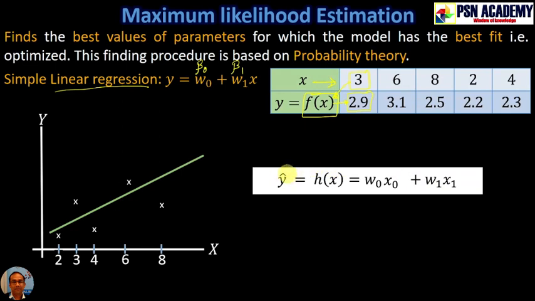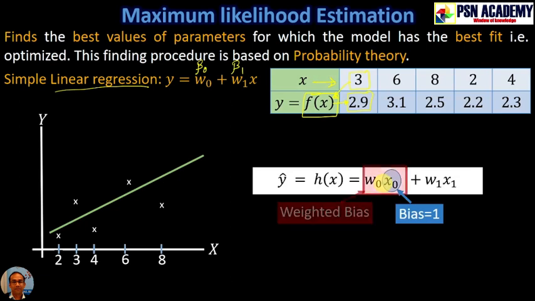Now this y hat is our estimated y, not the true y. Now what is x0? x0 is a bias, and we set the bias to 1, and this bias is associated with w0. So this x0 becomes a weighted bias. Now you have this x0 as 1, and you have x1 from the data set, that is 3, 6, 8, 2, 4. These are the x1s, right?